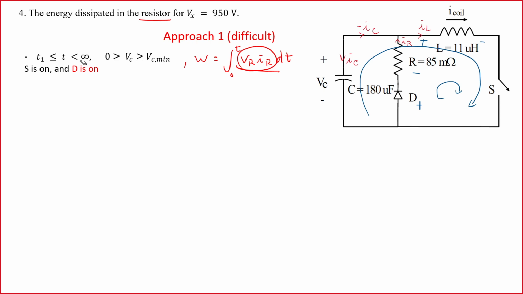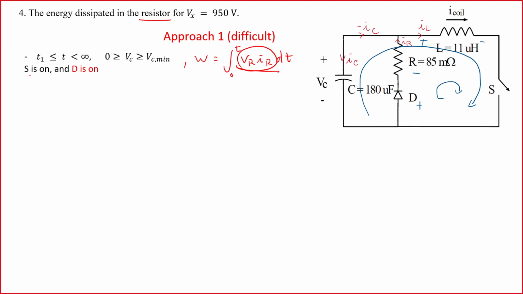Let's say the energy dissipated in the resistance, it's dissipated little by little, so energy will be totally released when T goes to infinity, right? Because we don't know when exactly all the energy will be dissipated, right?